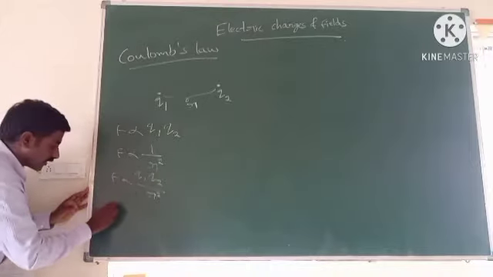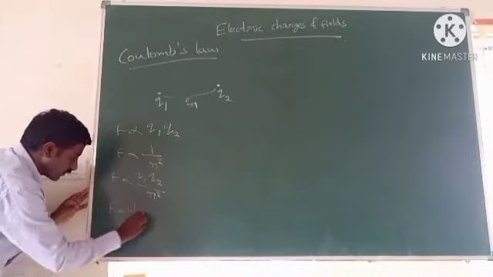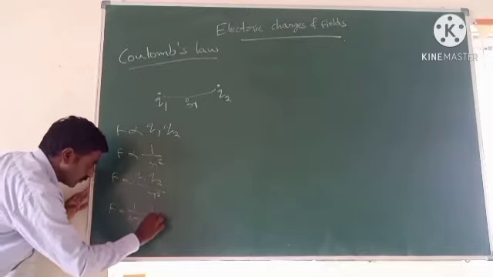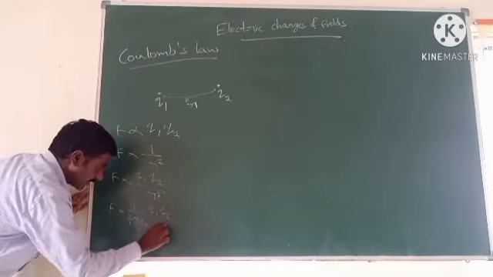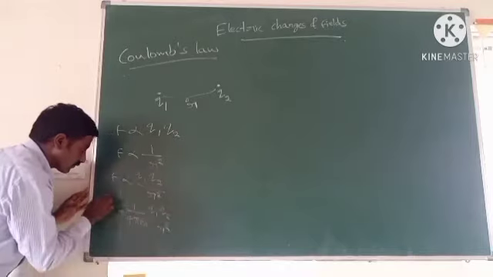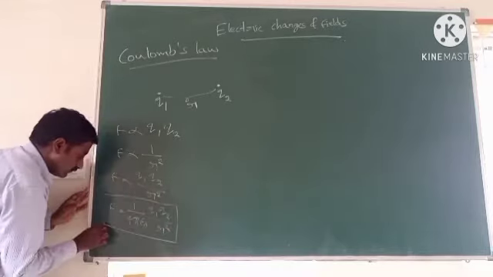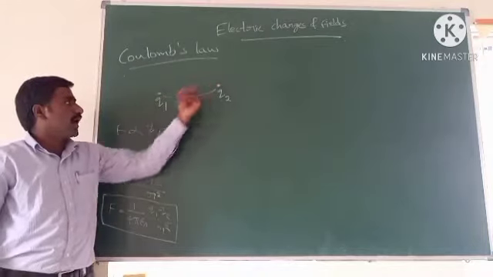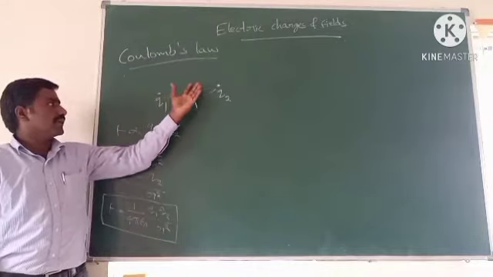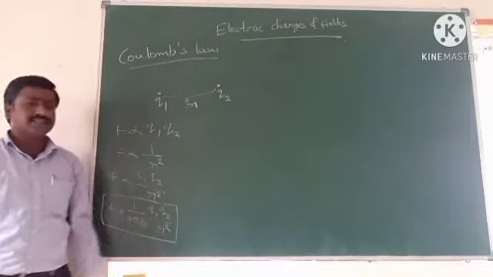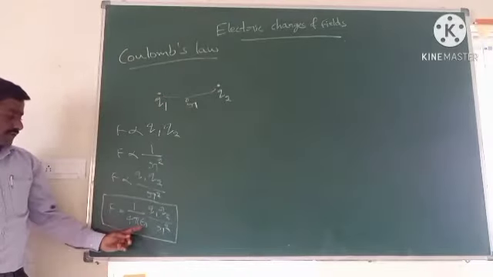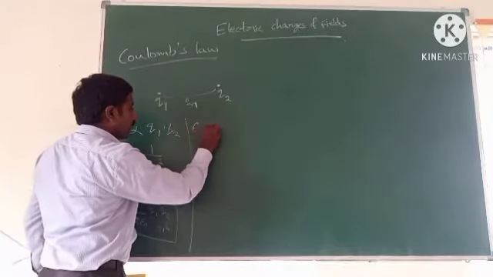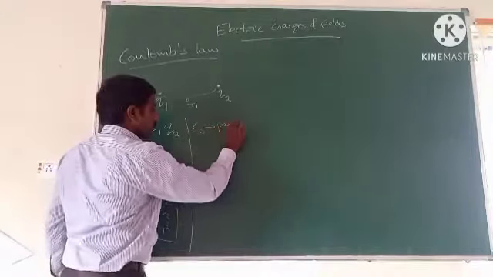If you remove the proportionality, then F equals 1 by 4 pi epsilon naught Q1 Q2 by R square. This is the force of interaction between two point charges when the medium between them is free space, where epsilon naught is called permittivity of free space.